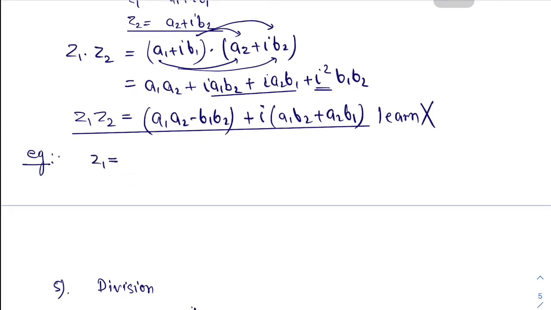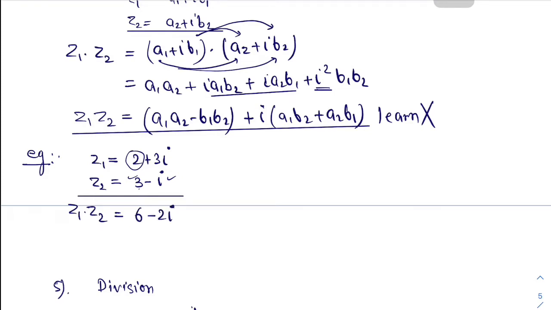Let's say z1 is 2 plus 3 iota, z2 is 3 minus iota. I have to find z1 into z2. So I am going to multiply this 2 with this 3 and then with minus iota: 6, then minus 2 iota.